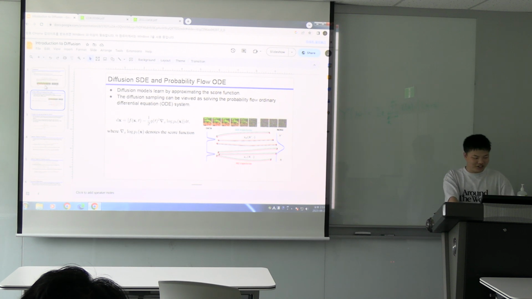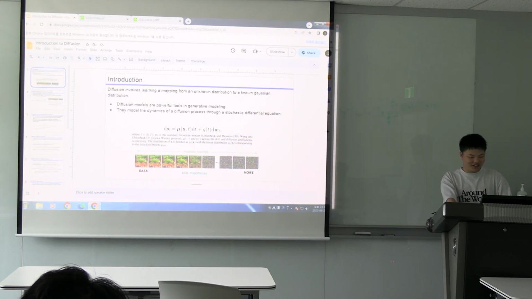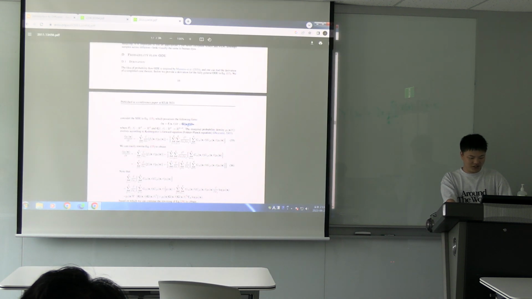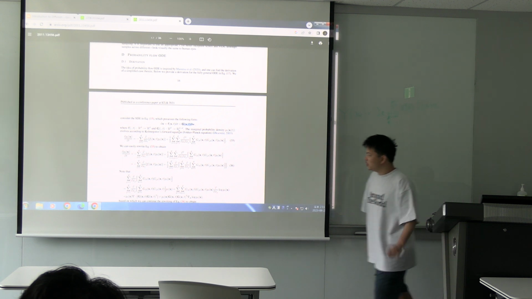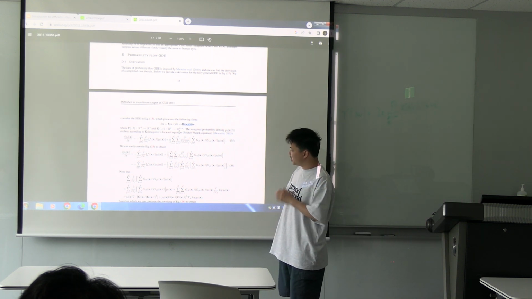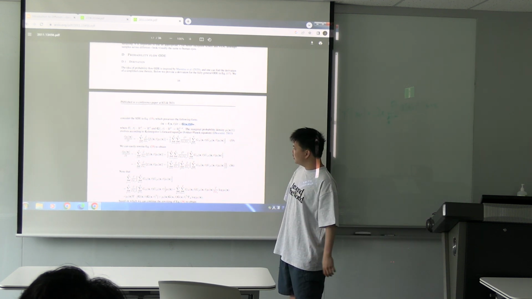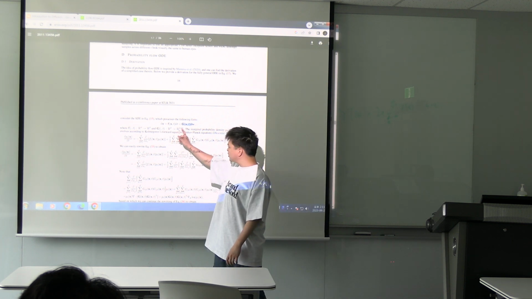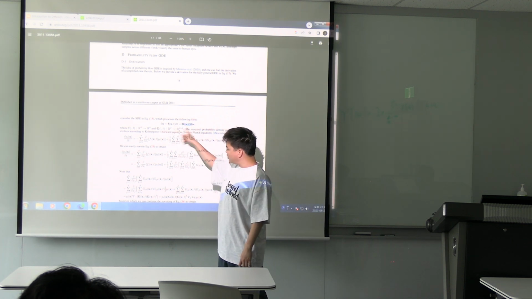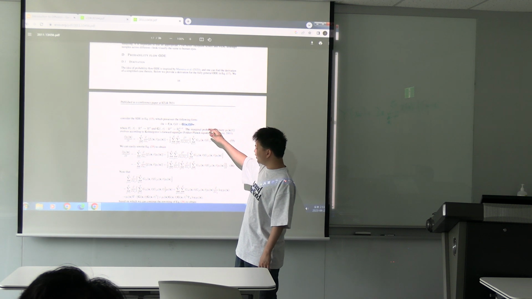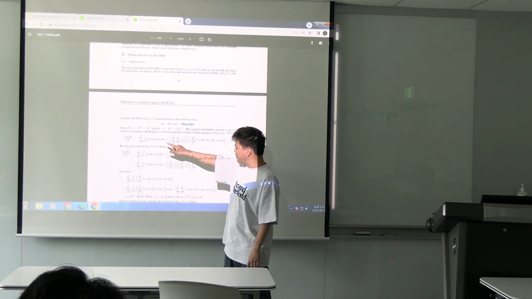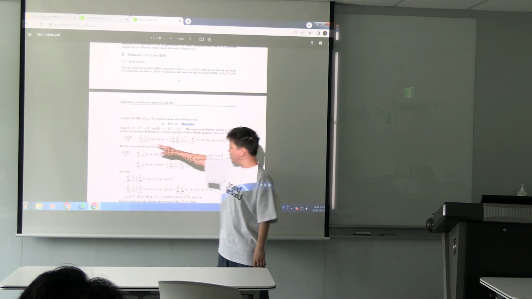Different papers use different notation, but essentially in this paper, f(x,t) is the mu, and g(t) is the G. So it's exactly one-to-one. Yes, this is the paper that shows the relationship between the two. They start off with a general form SDE, and the marginal distribution of this SDE follows this equation here.